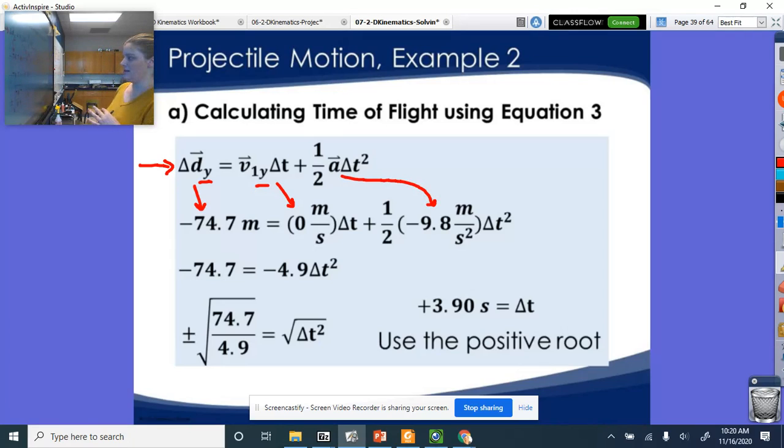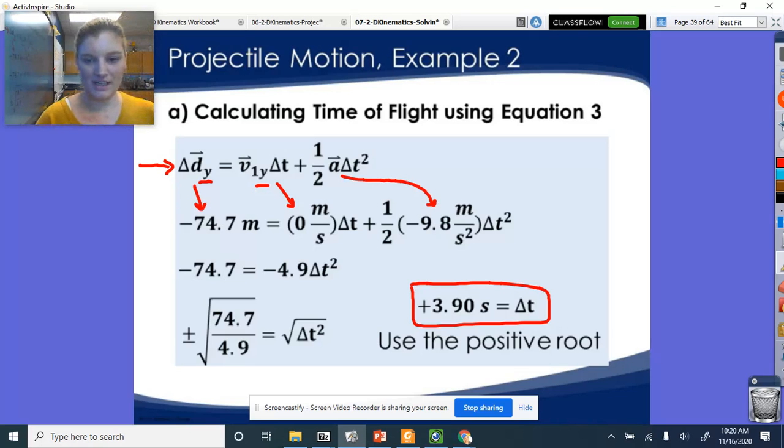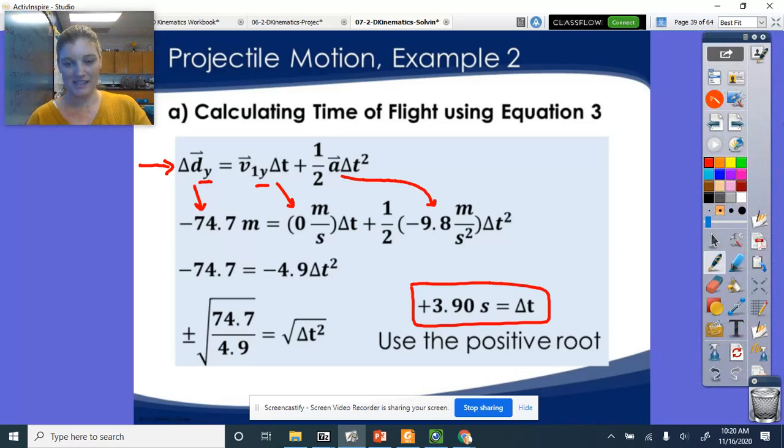So I can combine all that and get my answer from the square root of 74.7 divided by 4.9. You're going to get a positive and a negative technically every time you take a square root, but we can't do negative time, ever. Time cannot be negative. So we're going to use the positive root. It's going to take us 3.9 seconds to fall 74.7 meters.